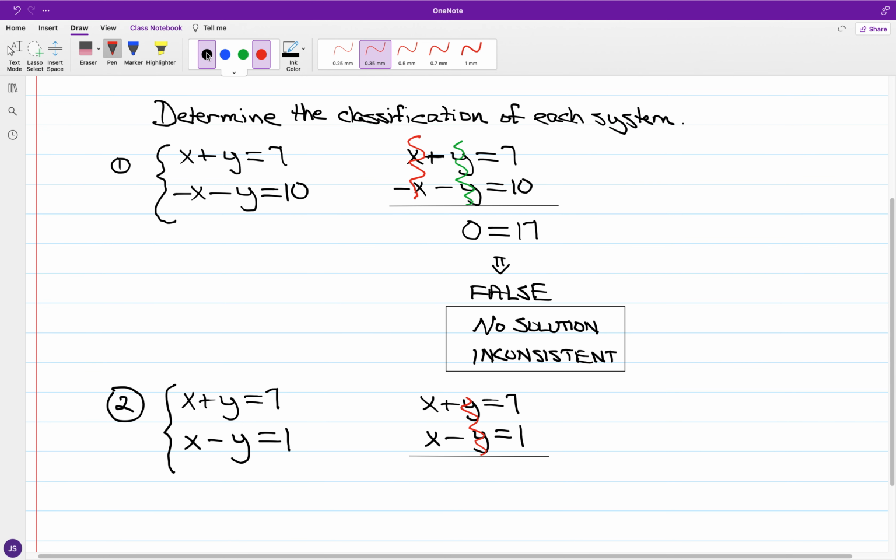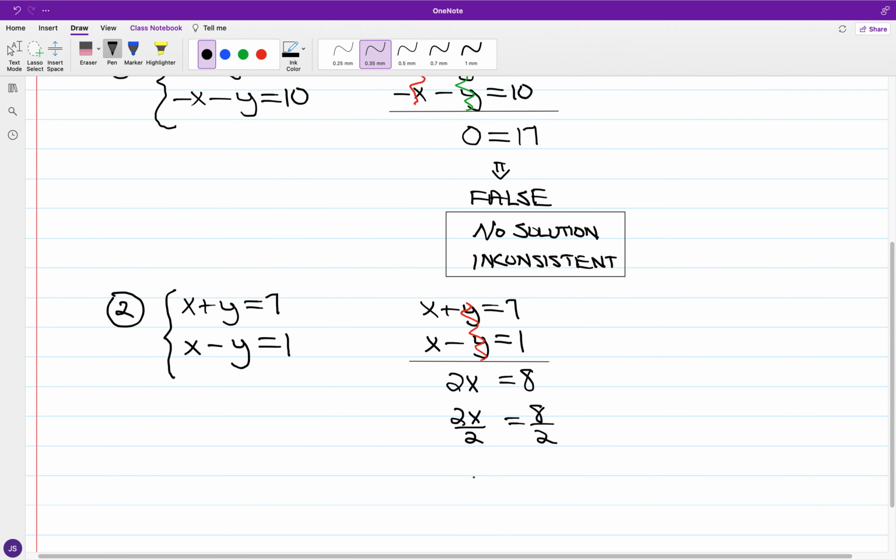Adding the equations, we have x plus x is 2x, and 2x is equal to 8, so x is equal to 4.